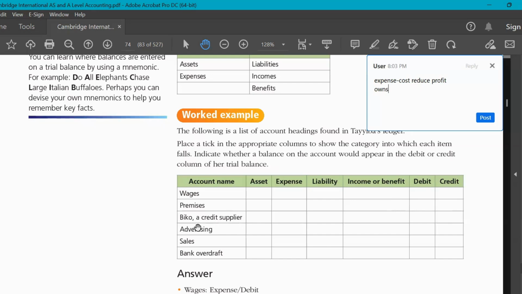Next, BICO, a credit supplier. So obviously, BICO is a creditor.